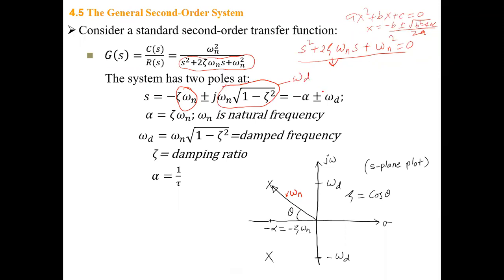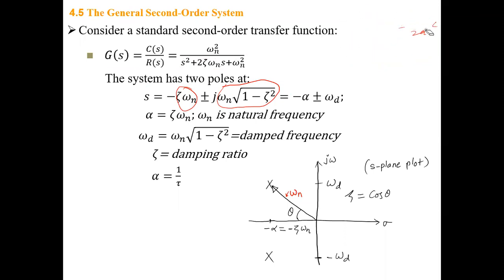This is my omega d, right? That's what I say. Now, in the alpha, you have these two quantities multiplied together. This omega n, by the way, is called natural frequency. And this is called damping ratio.